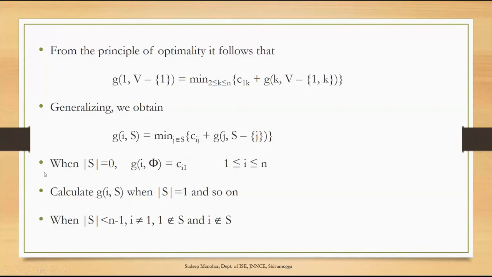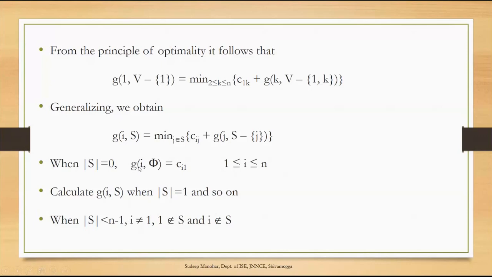Now when the cardinality of s is equal to 0, this s may contain different numbers of vertices. So initially it doesn't contain anything. So g of I comma null, S is a null set. When S is a null set, what does it mean?